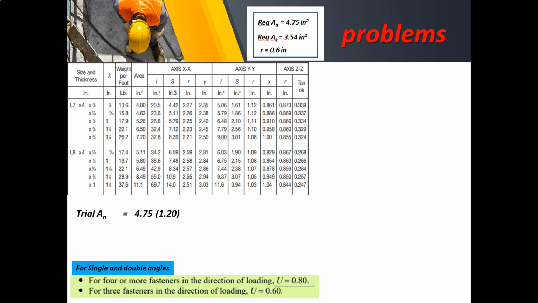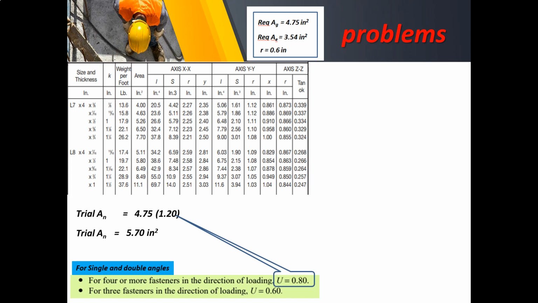So, U 0.8 is actually reducing your area by 20%. So, therefore, in anticipation, we increase the trial area by 20% also. Okay, so by that calculation, we can arrive at 5.7 square inches.